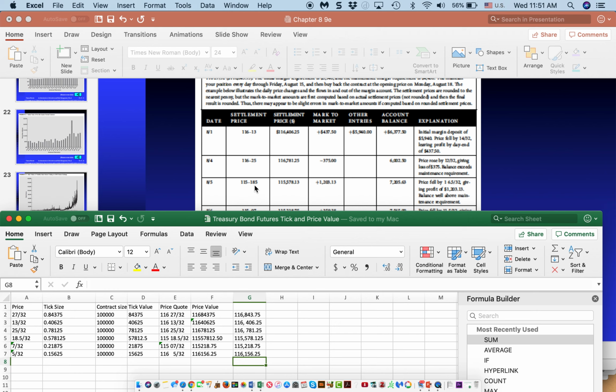After that, it becomes 115-18.5 over 32, so it is a little tricky here. Again, I explained that 115-18.5/32 becomes 115,578.125, because you divide 18.5 by 32 and then you have 115 together, and they make this.